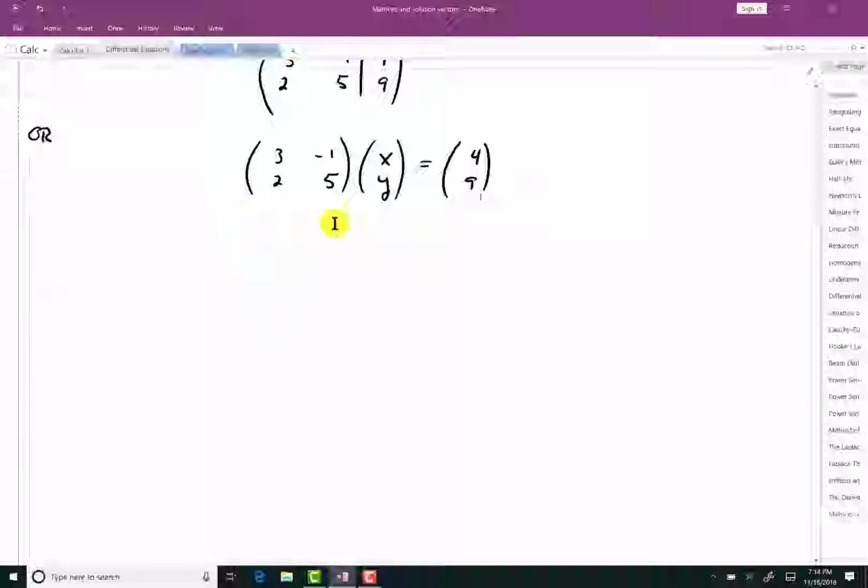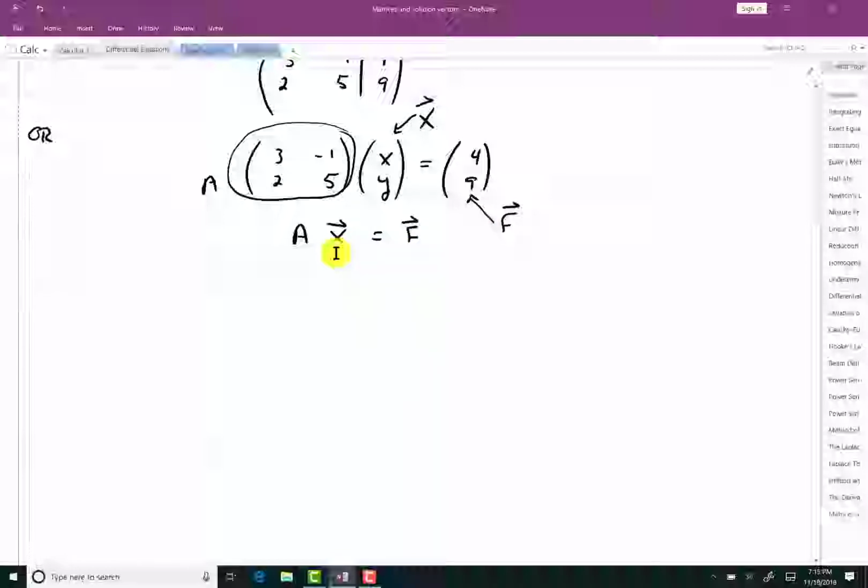Many times you'll simply see something like this. You might represent this as Ax equals f, something like that, where in this case this right here is the A, x with the arrow over it is this column vector, and then f with the arrow over it is the solution column or solution vector.